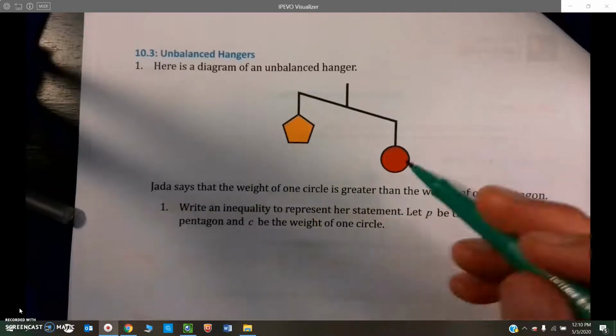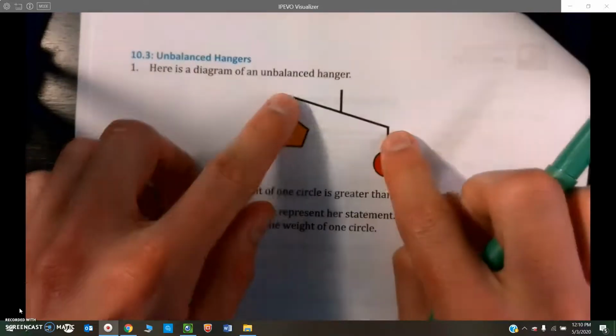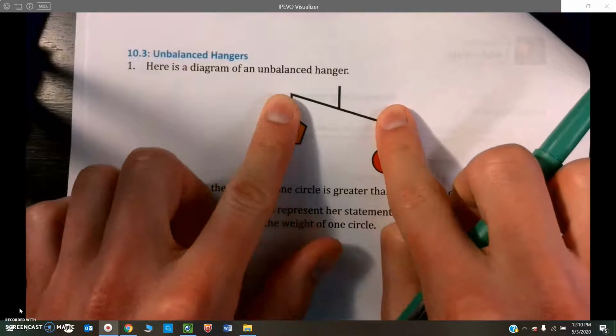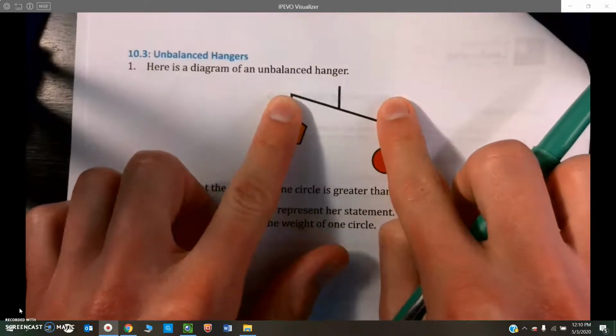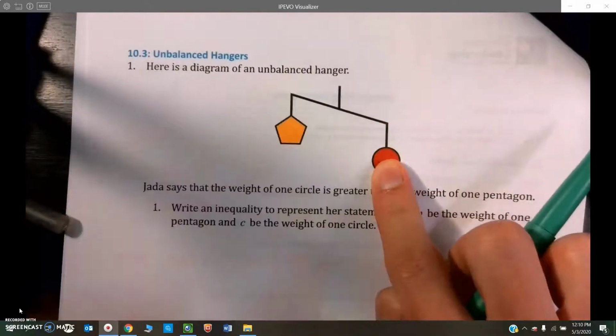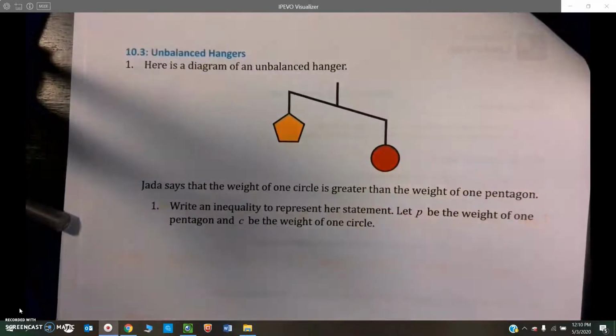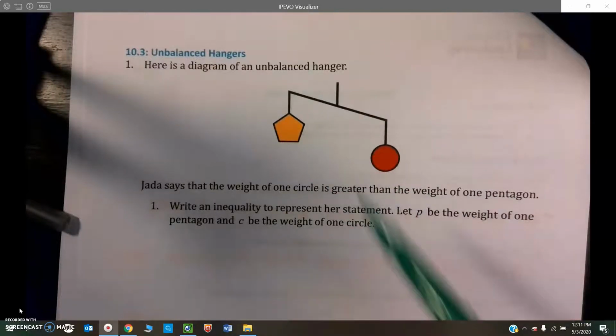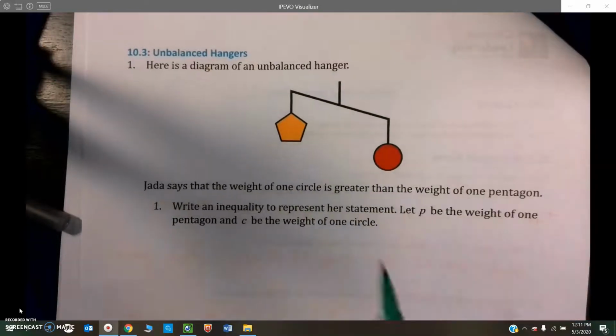So, looking at this, we can imagine this like a scale. So if they were both the same weight, it would be perfectly across. But when something's heavier on a scale, it weighs it down. Once again, we can think of a seesaw, right? Like if you were a kid and one of your parents or an older sibling sat on one end of the seesaw, they would go down towards the ground and you would be stuck in the air because they were heavier. So heavier things pull down harder.